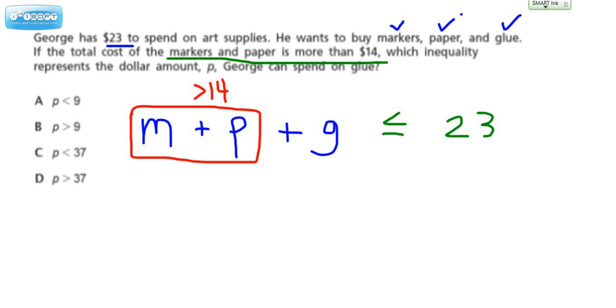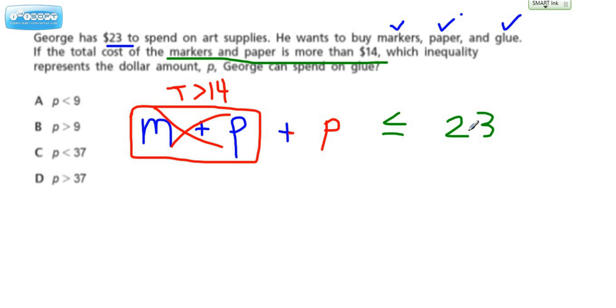Now, they don't want you to use a G. They want you to use a P. So let's just think of this as the total of this has to be greater than $14. So we're going to cross that out and rethink this as the total is greater than $14 plus the price of the glue, all has to be less than or equal to $23.